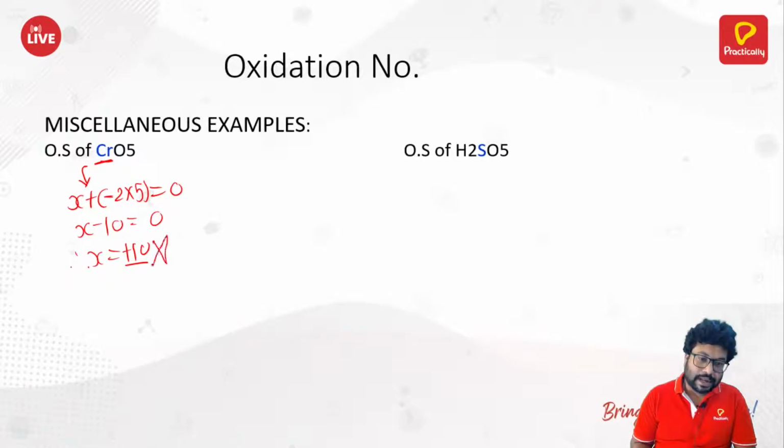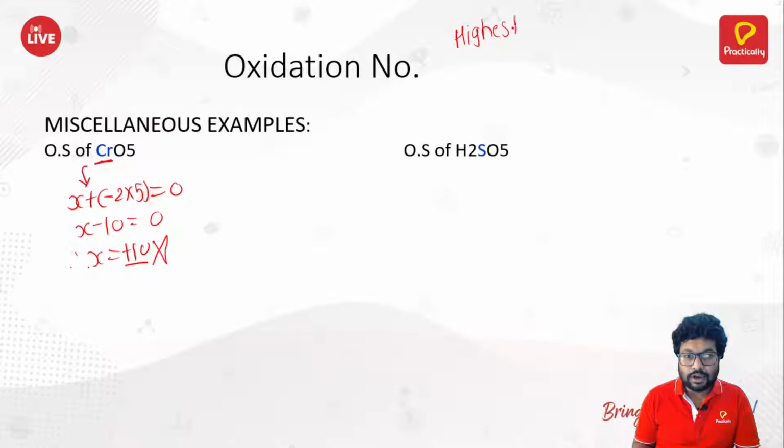That is simply not possible because the highest oxidation state shown by any element is plus 8. You cannot go beyond that. And this plus 8 is shown by rhenium and osmium.